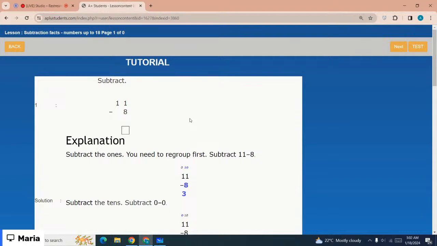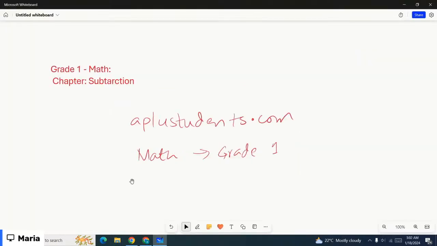We're going to learn how to subtract 8 out of 11. You have many ways to subtract, and you can use the method that is easy for you. Either you can make 11 lines, remove 8 of them and count the rest.